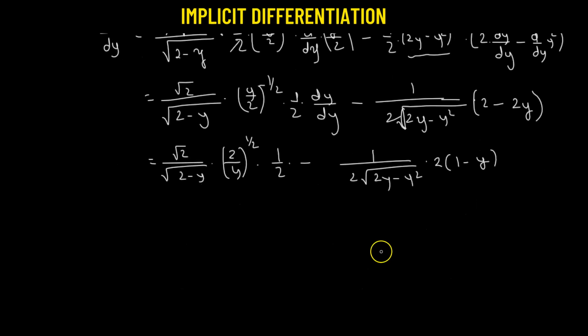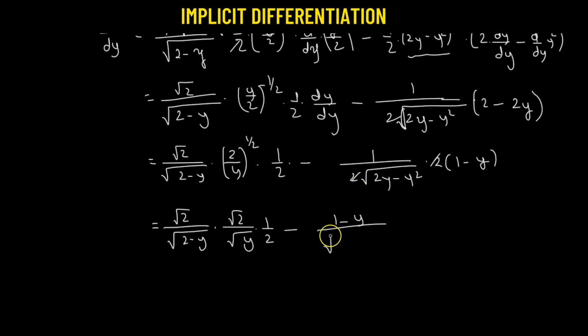Now we will have square root of 2 divided by square root of 2 minus y times square root of 2 divided by square root of y times 1 over 2 minus, so here the 2 and 2 get cancelled. We have in the numerator 1 minus y, and in the denominator square root of 2y minus y squared. So this is the derivative of x with respect to y.